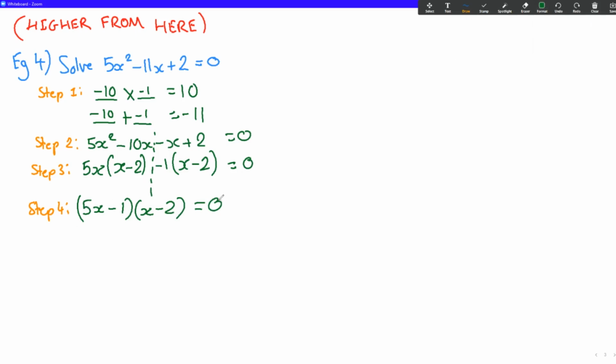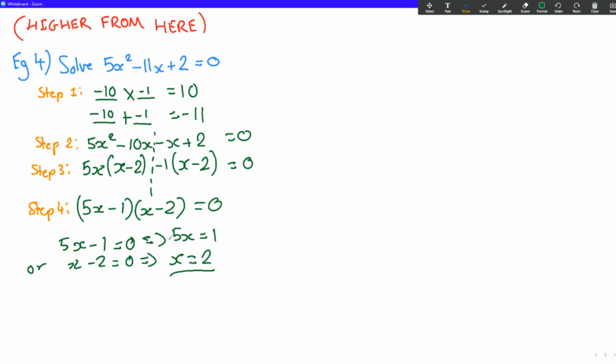So we say it can either equal 0 when 5x minus 1 equals 0, or when x minus 2 equals 0. So when 5x minus 1 equals 0, you can move the 1 over. So we get 5x equals 1. Here we can move the 2 over, so we get x equals 2.